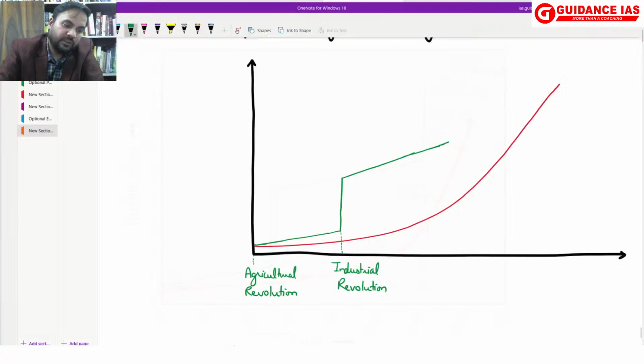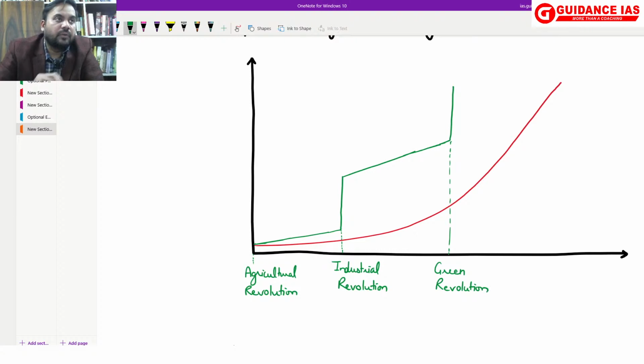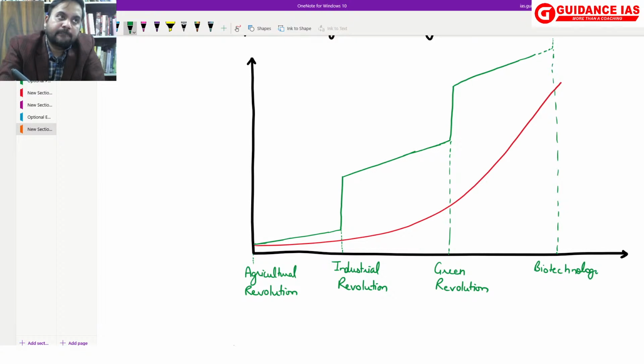So what is the name of this revolution? This is what we call the Green Revolution. And very clearly, since it has continued to grow, today we are on the verge of another revolution, and it is already taking place, and we are calling it the second green revolution, or the biotechnology revolution.